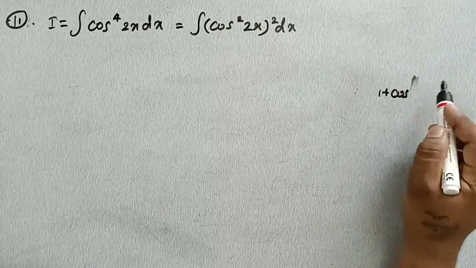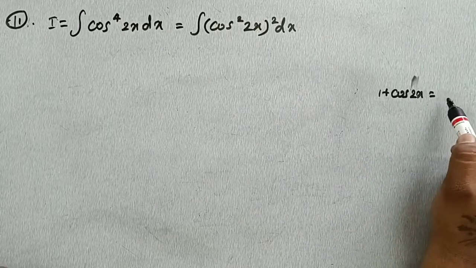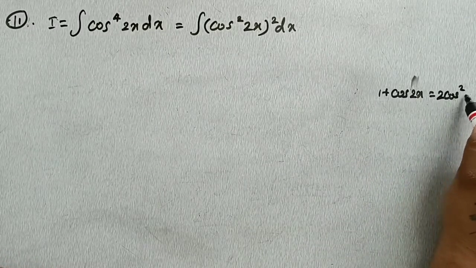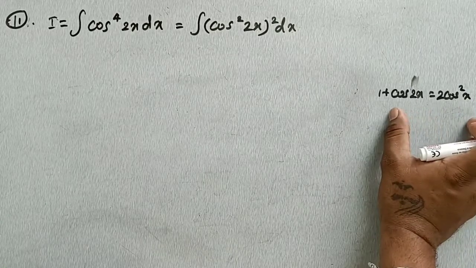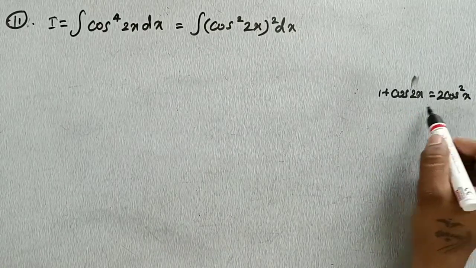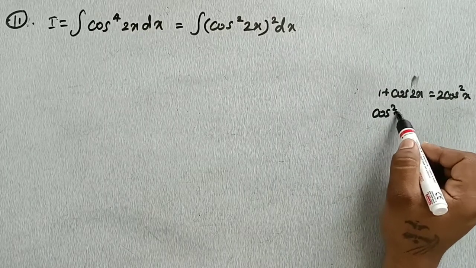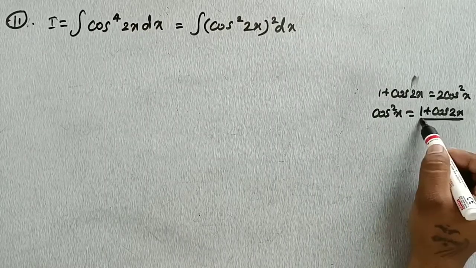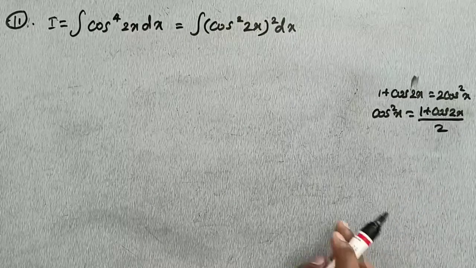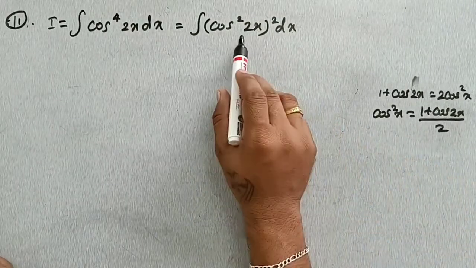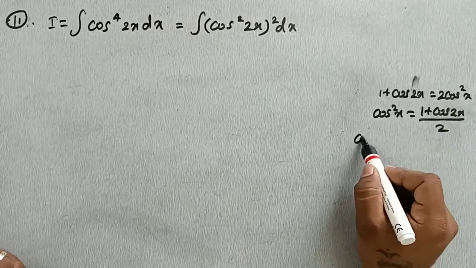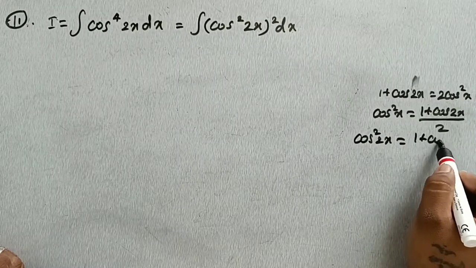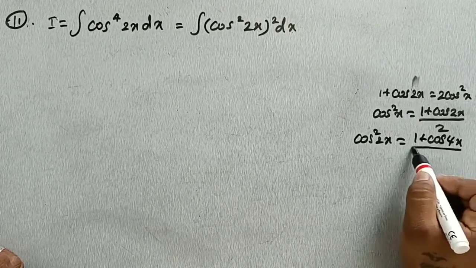cos 2x equals 2 cos square x. So this formula I am going to use here. Cos square x equals (1 plus cos 2x) divided by 2 will come, but here it is cos square 2x, so cos square 2x will be replaced as (1 plus cos 4x) divided by 2.